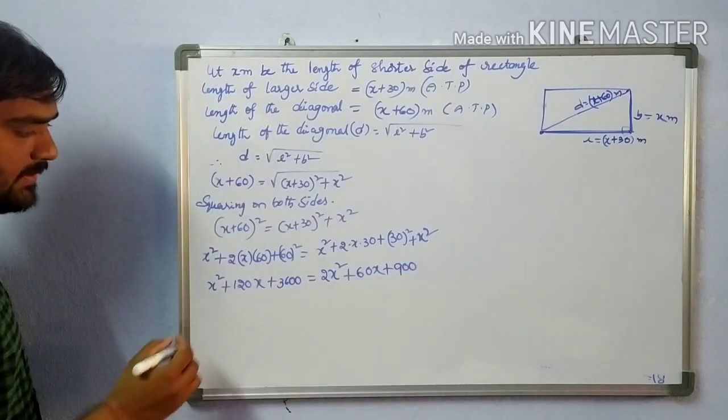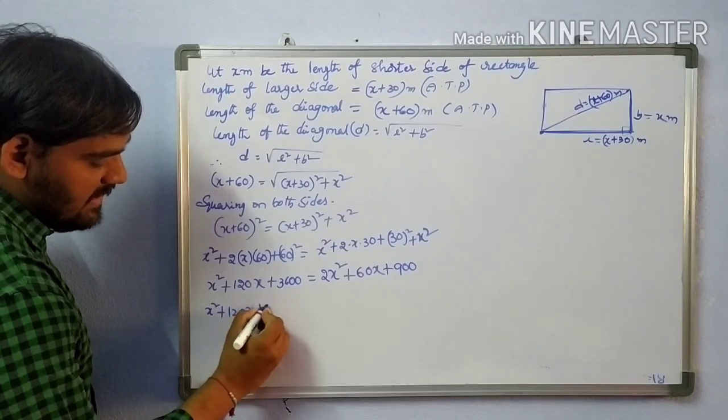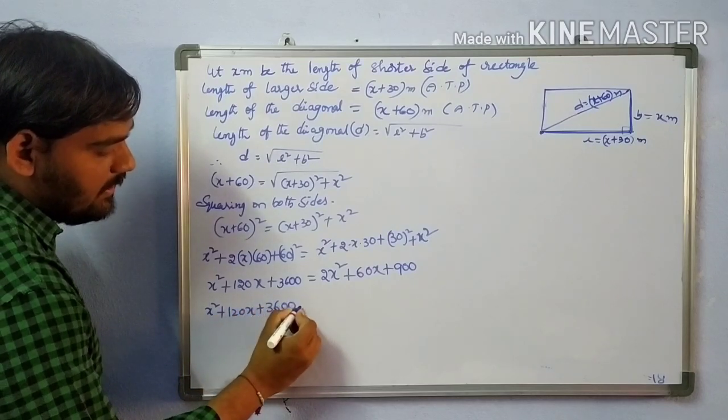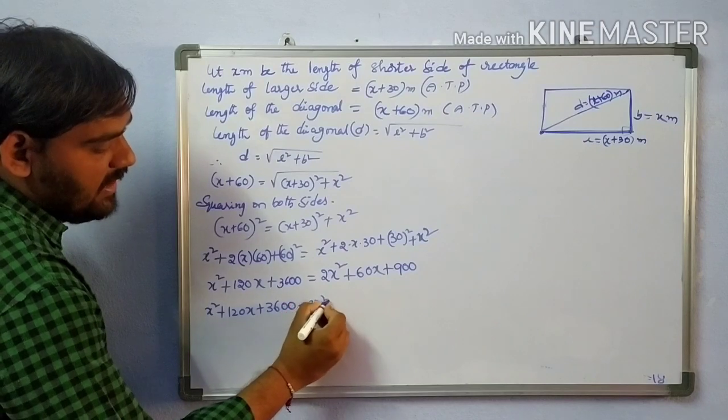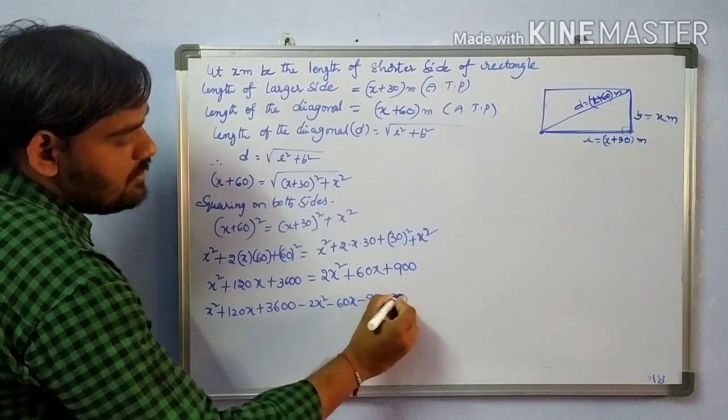Now we will get x square plus 120x plus 3600 minus 2x square minus 60x minus 900 is equal to 0.